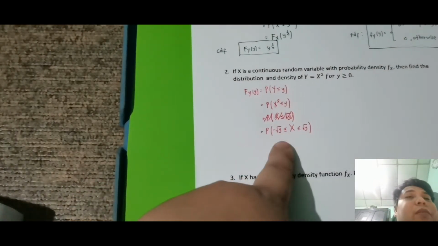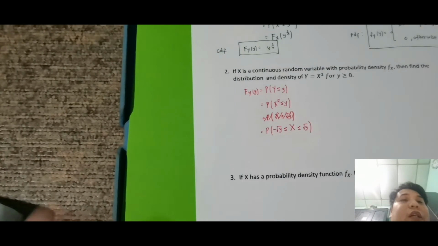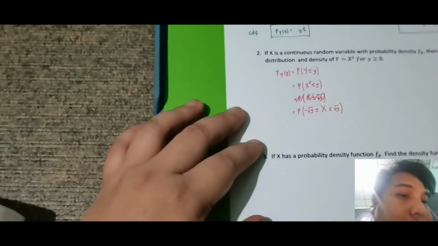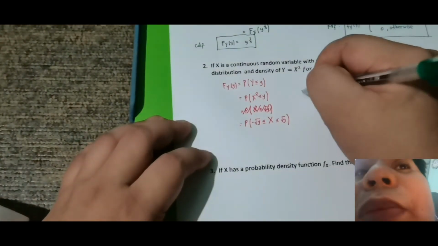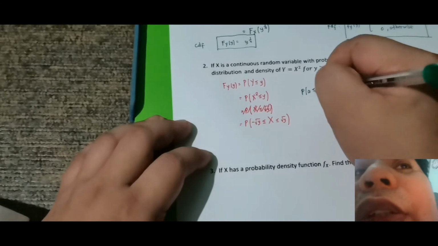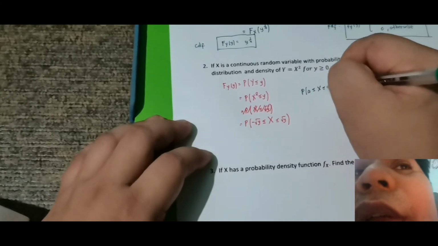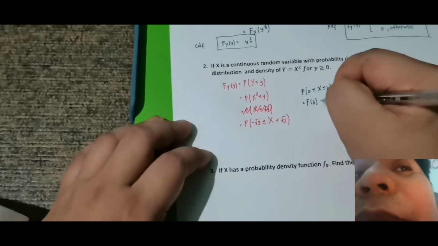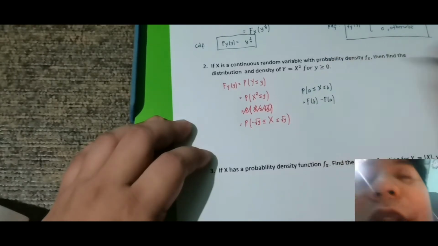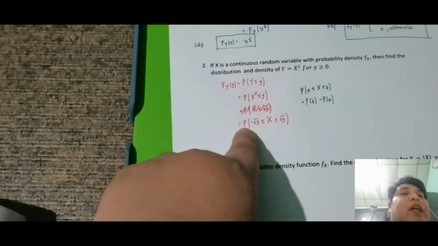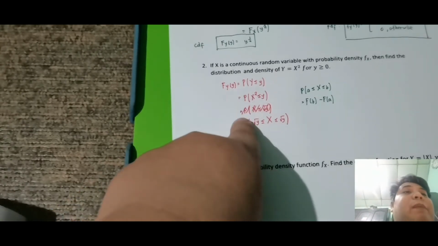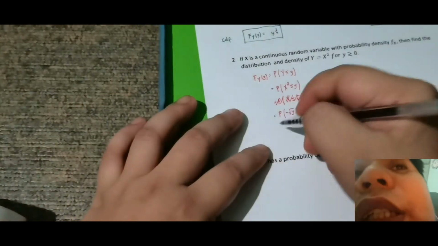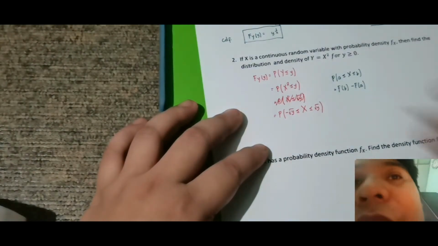So now, ano yung ibig sabihin? Apply ulit natin yung property na kung saan pag meron kang probability of A less than or equal sa X less than or equal sa B, this is just equal sa F of B minus F of A. Apply ko yan. This is just F kasi babalik ko na sa F, so this is F sub X. So, red pala ito dapat.